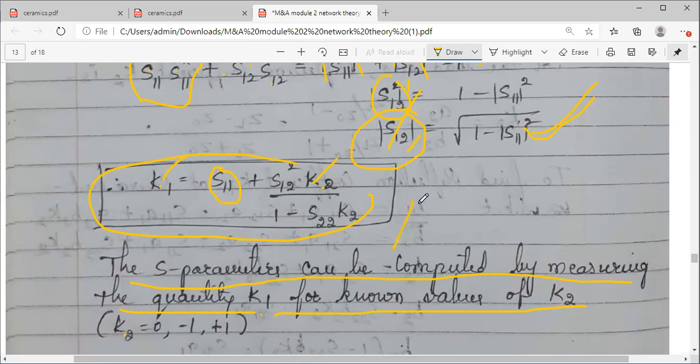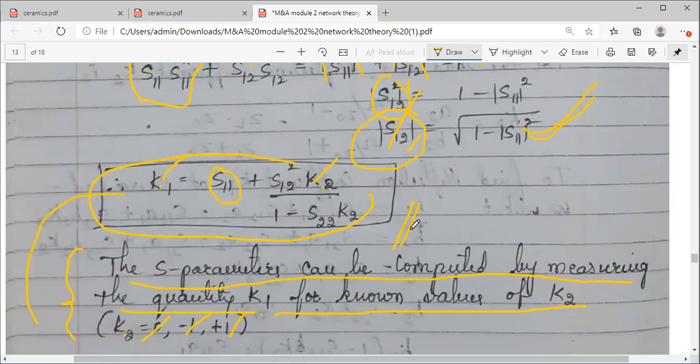So the conclusion is only till this much. This is enough. But you should add the statement: how finally can S parameters be computed? By measuring the reflection coefficient K1 for the known values of K2. Okay. You do not need to substitute all this and solve further.